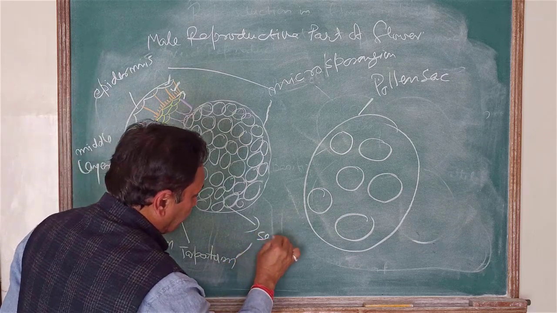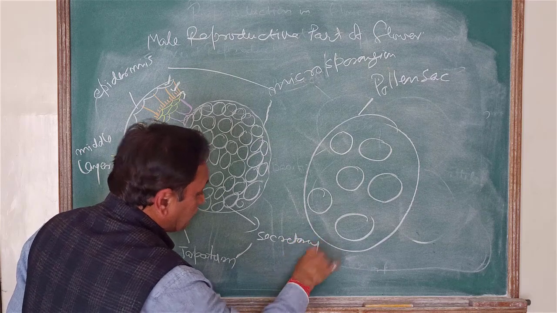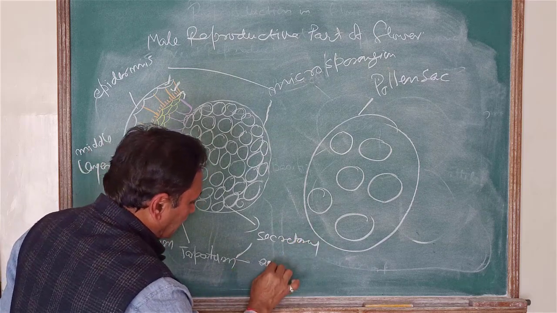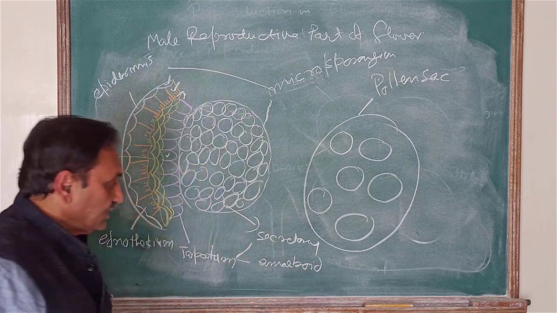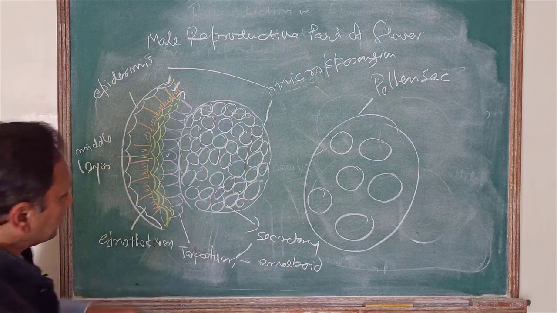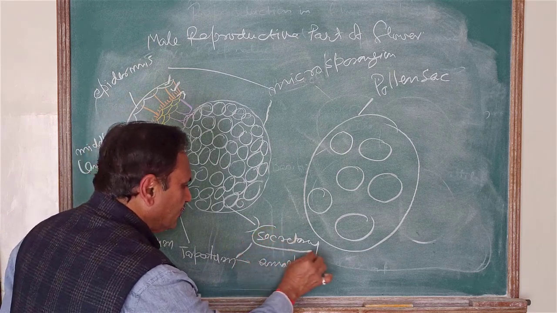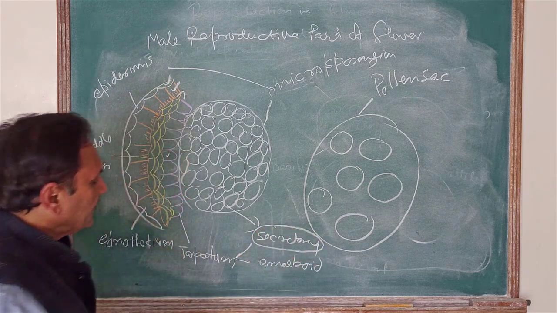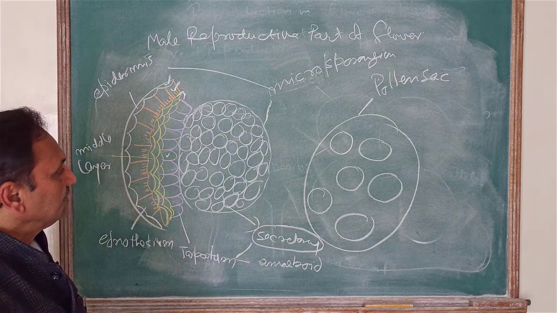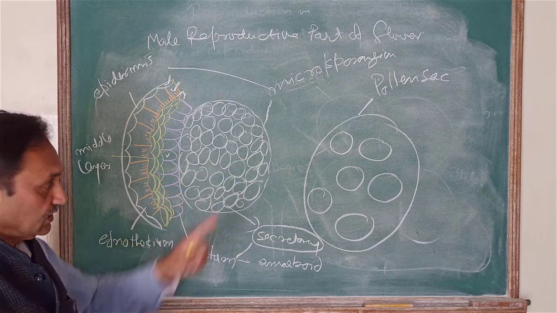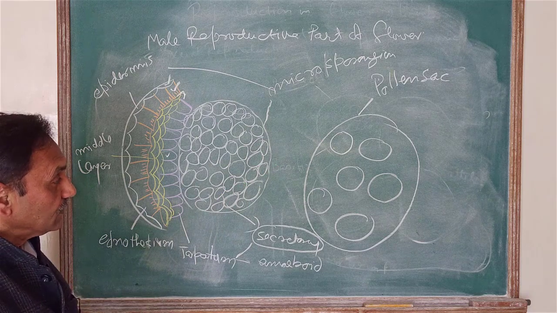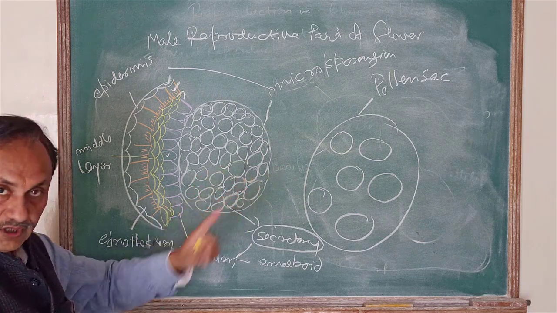And this tapetum is of two types: one is called secretory tapetum and one is called amoeboid tapetum. The secretory tapetum is responsible for forming a special type of secretion which forms the exine, the outermost covering of the pollen grain.